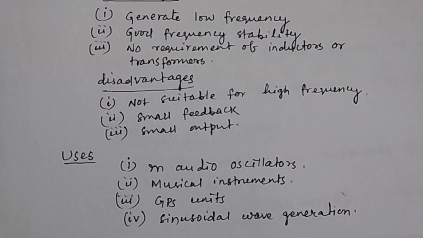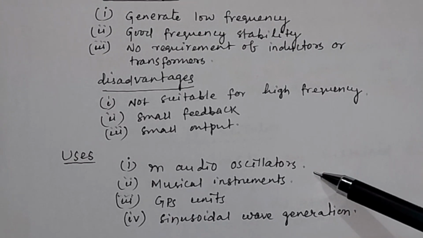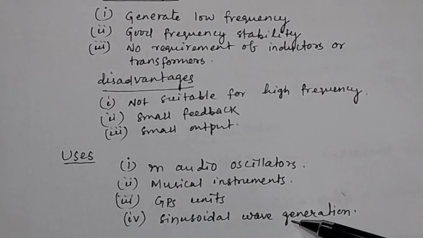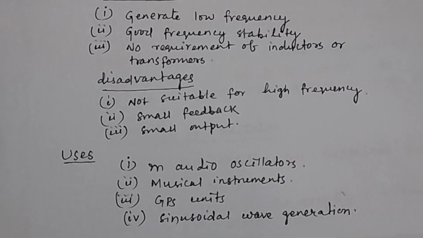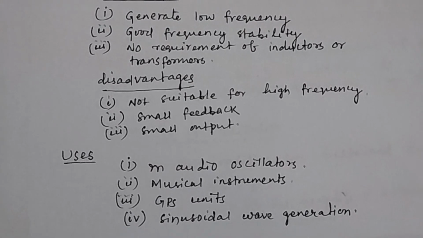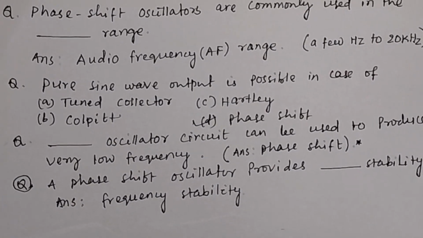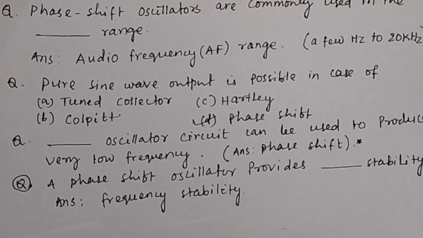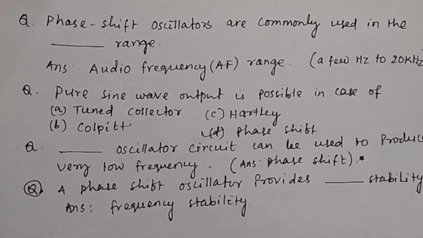Phase shift oscillators are used in GPS units, and for sinusoidal wave generation. We can generate a sine wave with the help of a phase shift oscillator. Then you will have short questions from phase shift oscillator like this.